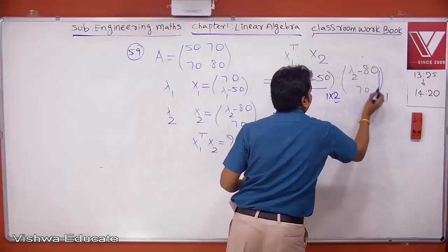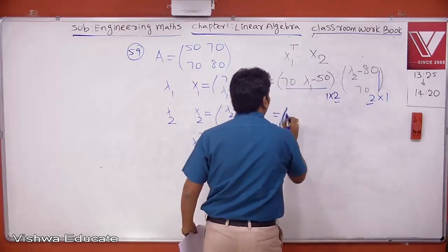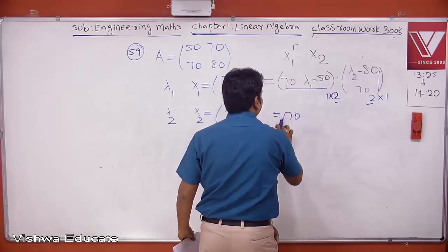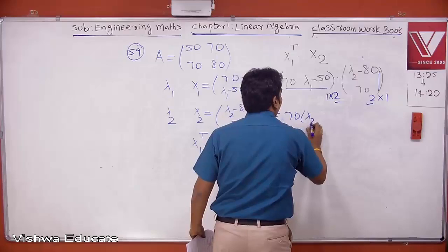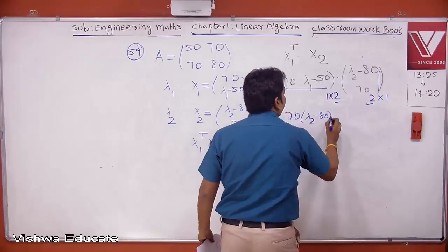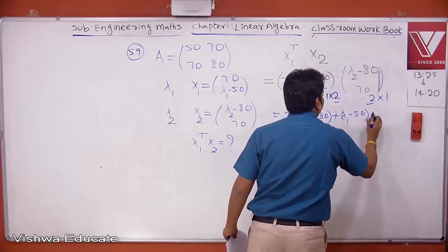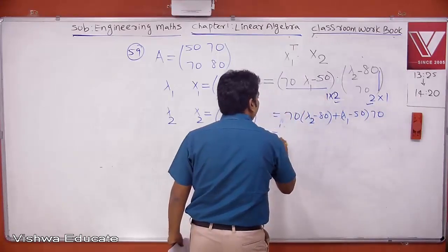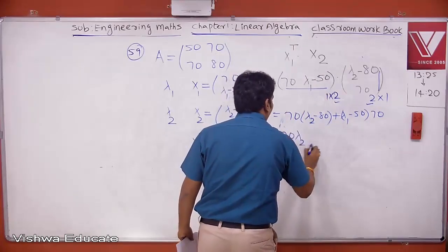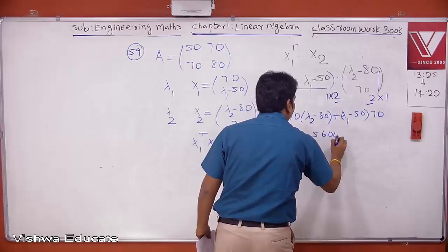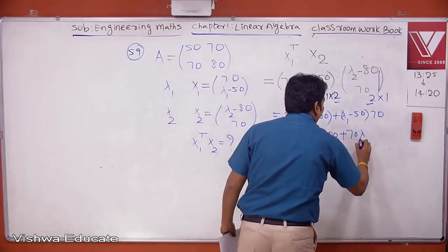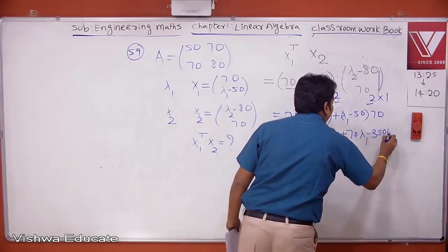So multiply: 70 into lambda 2 minus 80 plus lambda 1 minus 50 into 70. This implies 70 into lambda 2 minus 5600 plus 70 into lambda 1 minus 3500.